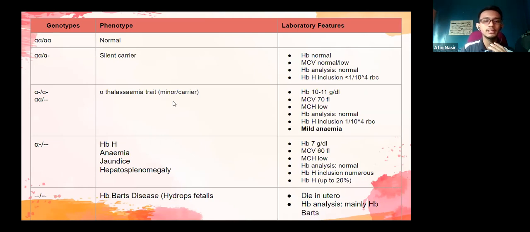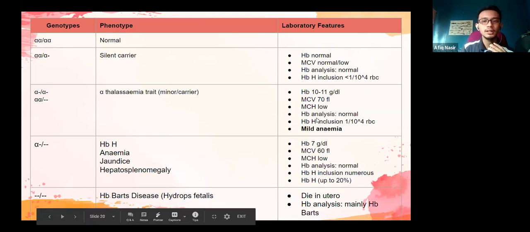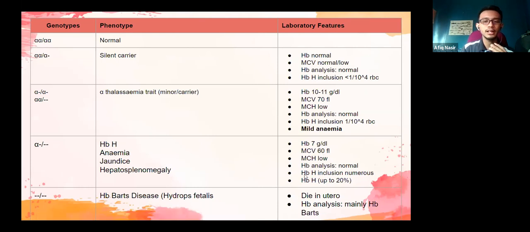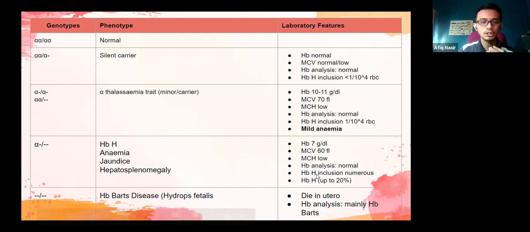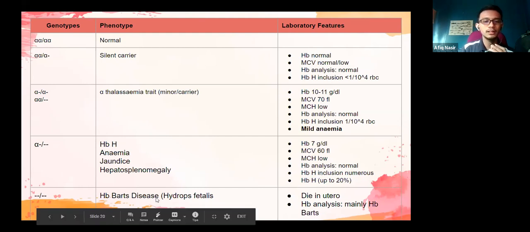In alpha thalassemia trait, there is a mild anemia, and in HbH disease, there will be a presence of HbH inclusions. So in the electrophoresis, we might come up with hemoglobin H. And in hydrops fetalis, the fetus will die in the uterus, and the Hb analysis will show mainly Hb Bart's.